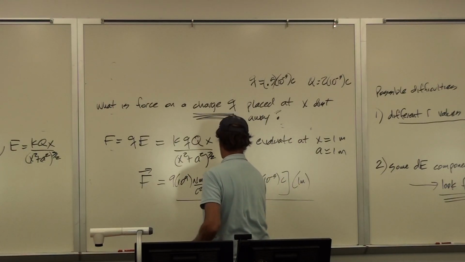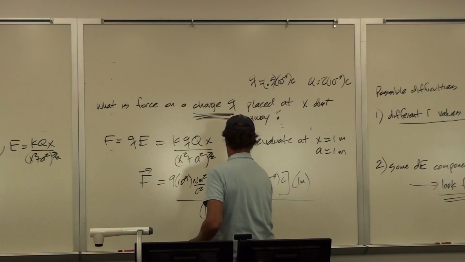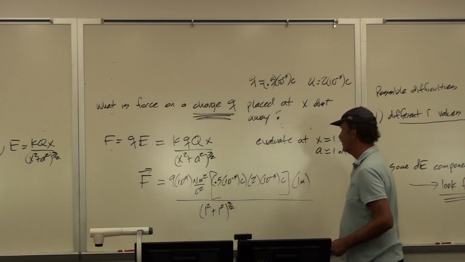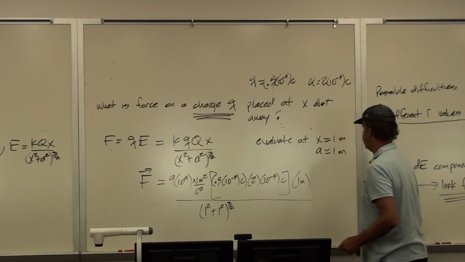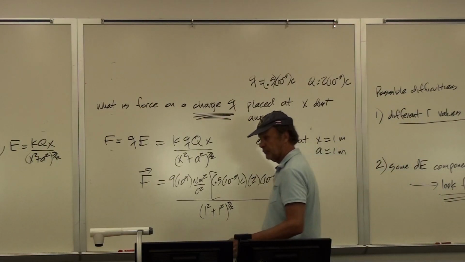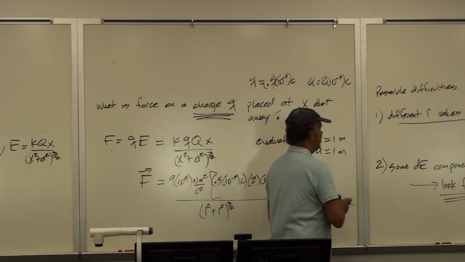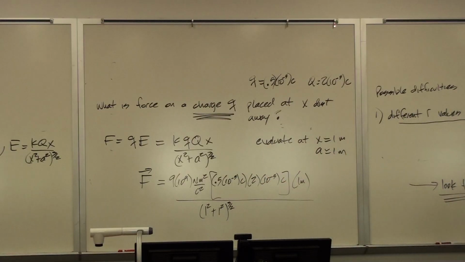So that's 1 squared plus 1 squared to the 3 halves power, or 2 to the 3 halves power, which I believe from last time was 2.83.